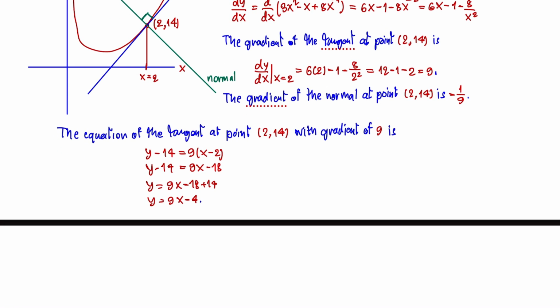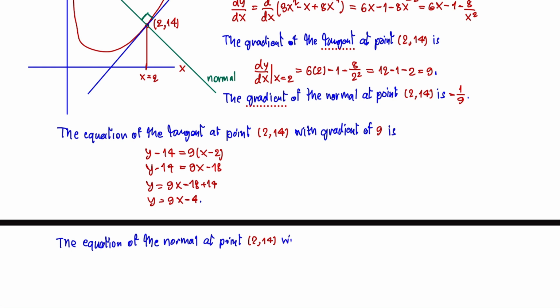Now what about the equation of the normal? The equation of the normal line at the point 2, 14, what is the gradient again? The gradient is minus 1 over 9.